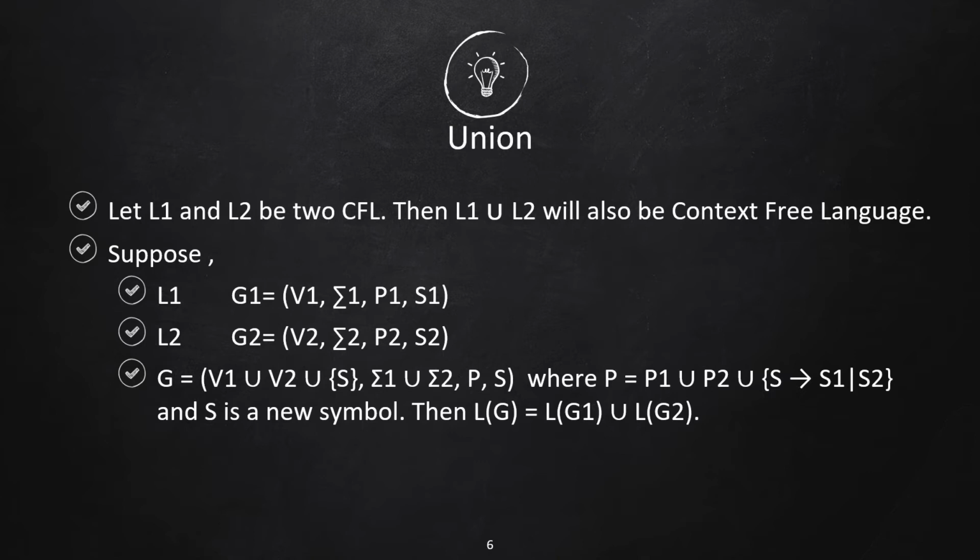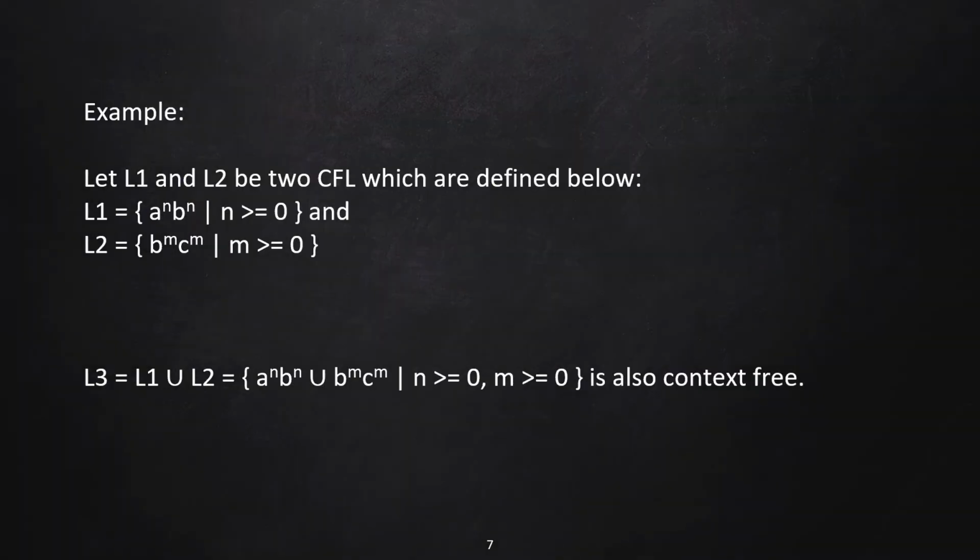So let us take an example. Take two context-free languages L1 and L2. L1 is equal to a power n b power n where n is greater than or equal to 0. L2 is equal to b power m c power m where m is greater than or equal to 0. Here L3 is generated as L1 union L2, which is a power n b power n union b power m c power m, where n and m are greater than or equal to 0.